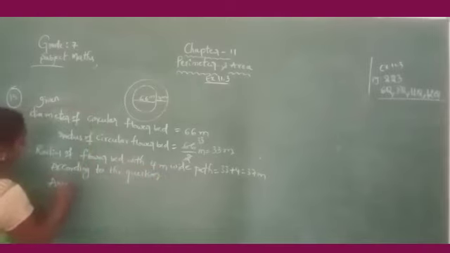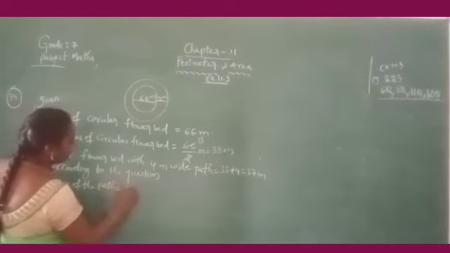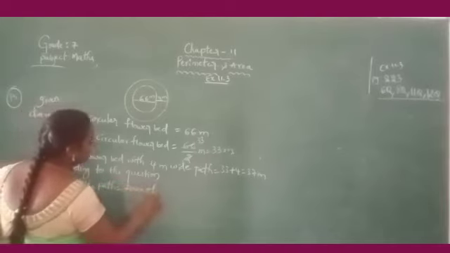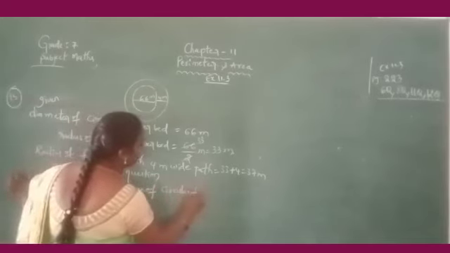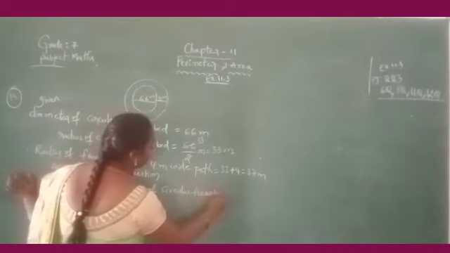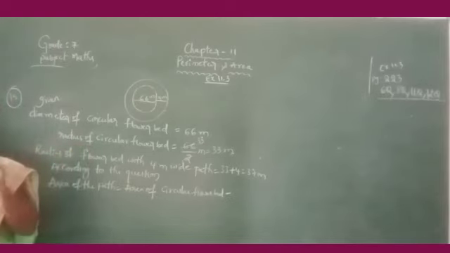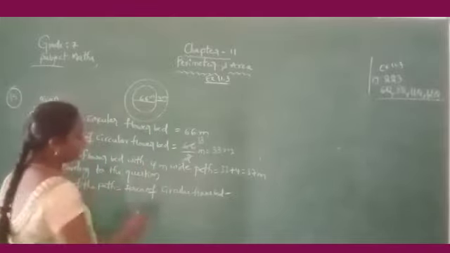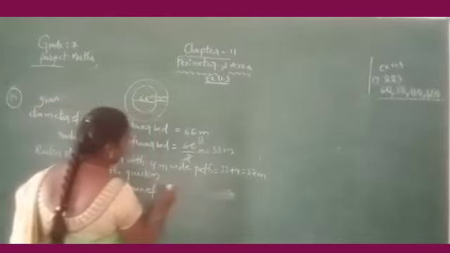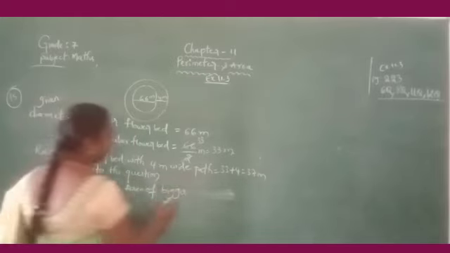Area of the path is equal to the area of the bigger circle minus the area of the smaller circle. Consider this one as the bigger circle and this as the smaller circle, so then you will not get any confusion.